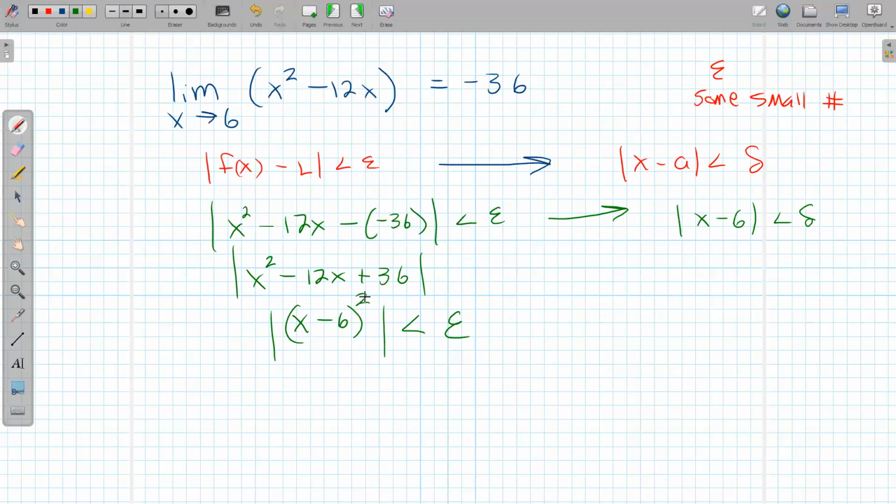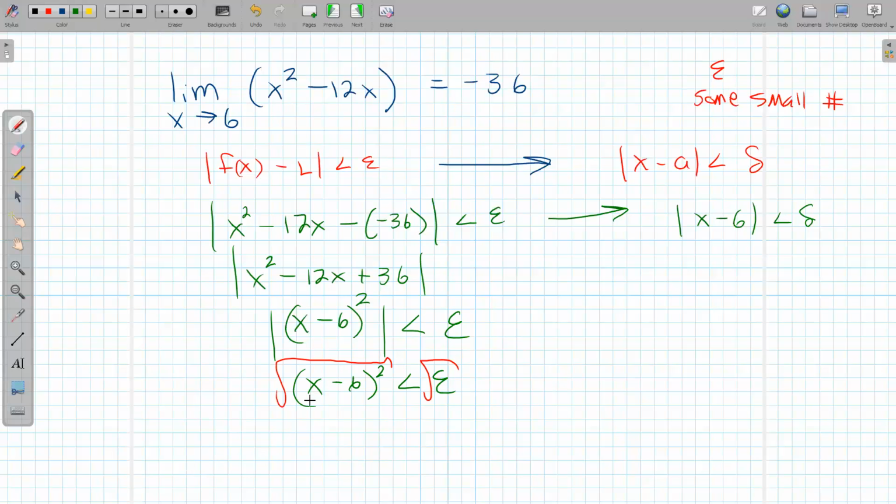Now, something to consider: if you square a number, it's always positive, so I really don't need the absolute value. So this is equivalent to x minus 6 squared is less than epsilon, since x minus 6 squared is always positive. To solve that, I would take the square root of each side. So if I take the square root, let's see, what do I get?